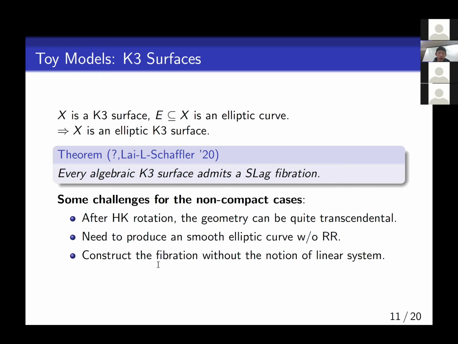In the K3 surface, if we have a divisor, we can talk about the linear system. And so the question is, if we have a smooth curve, how do we get a fibration structure? These are the difficulties.